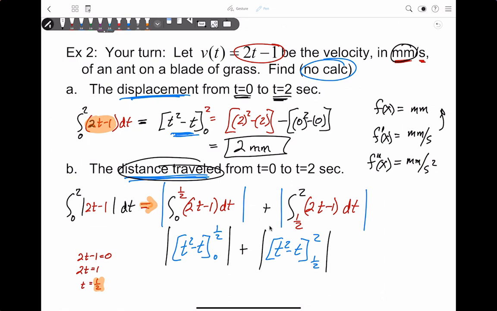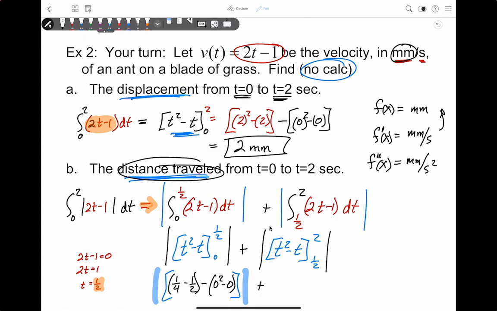All right, so we have 1/2 squared is 1/4 minus 1/2. That's that first f of b, minus f of a, which is 0 squared minus 0. That's f of a. Whatever that is, we are going to take the absolute value afterward, and then we're going to add it to this one over here.